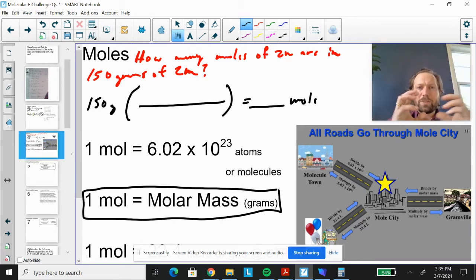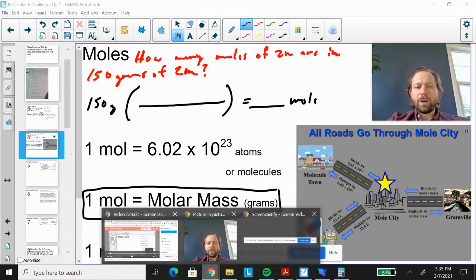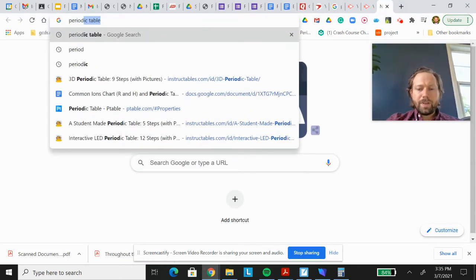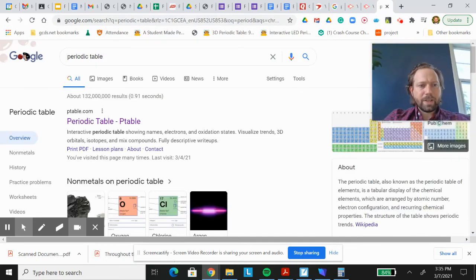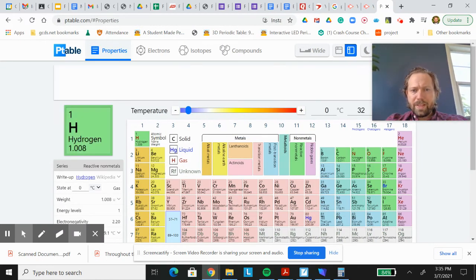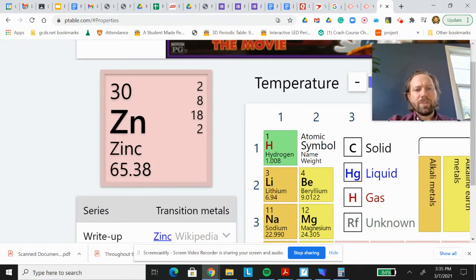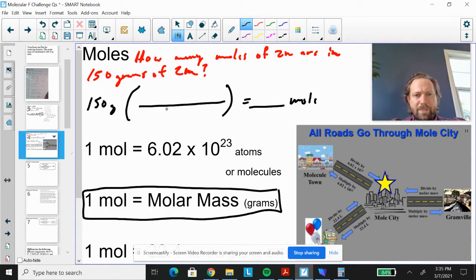They are the decimal that's underneath the chemical symbol on the periodic table. And so when we go to our periodic table and we find zinc real quick, we'll see that zinc, as you can see here, is 65.38. That means that it's 65.38 grams per mole.